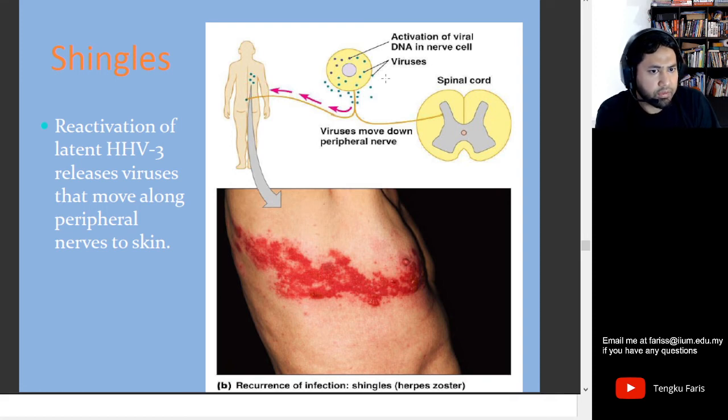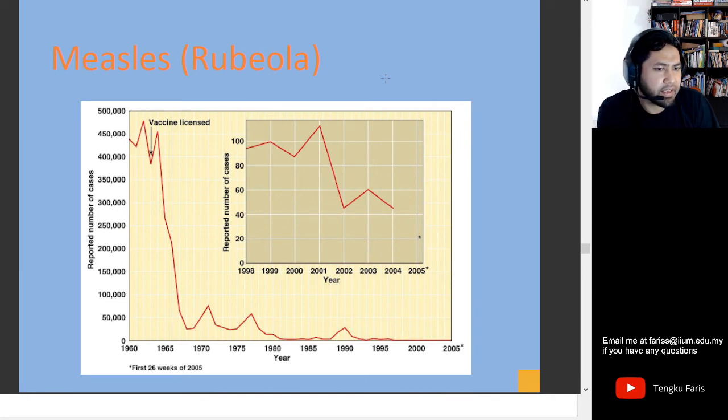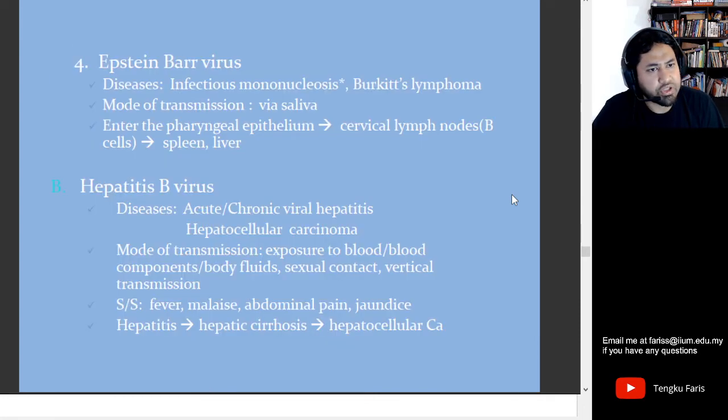All right. So reactivation of the latent HHV type 3 releases viruses that move along the peripheral nerve to the skin. This is just an example where we start with the vaccine production in 1963, and after that being used for more than 20 to 30 years before it's completely eradicated from our population.